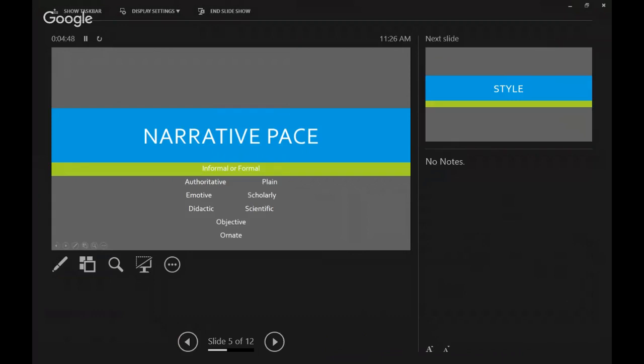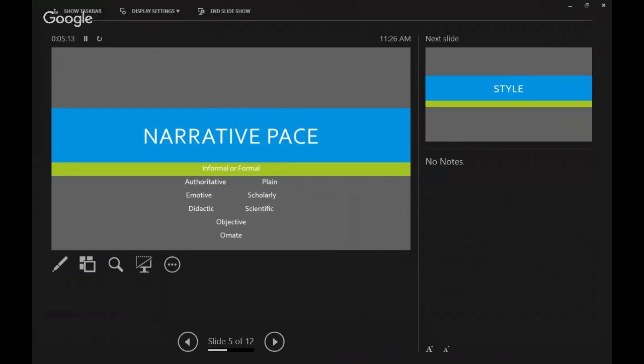Your style could be authoritative, commanding and knowing. It could be emotive, which simply means that it evokes emotion. A writer's style could be didactic, kind of preachy or insistent. Objective, meaning without judgment. Ornate, kind of flowery and pretentious.